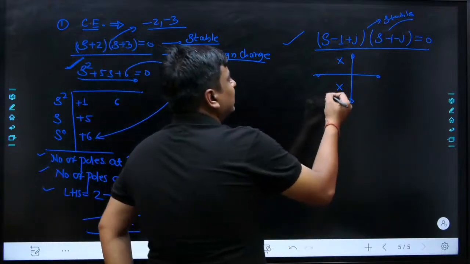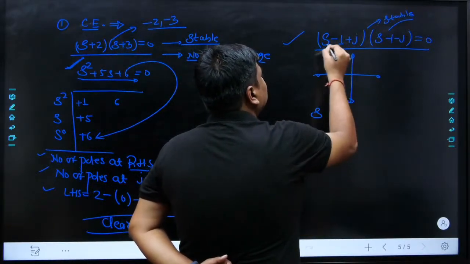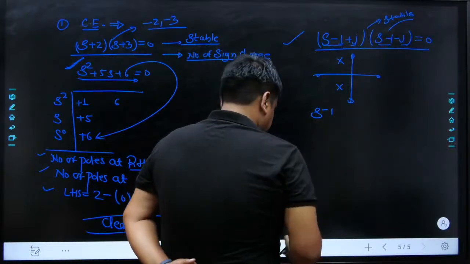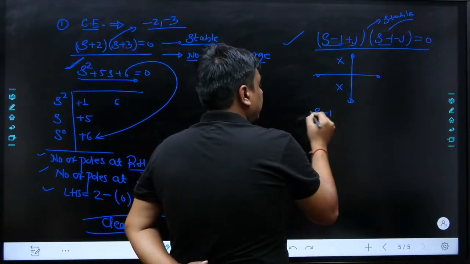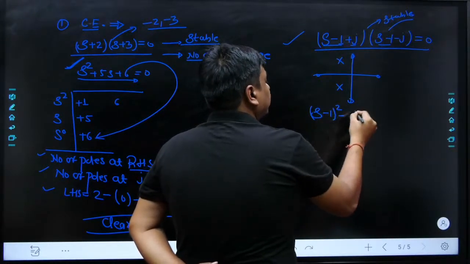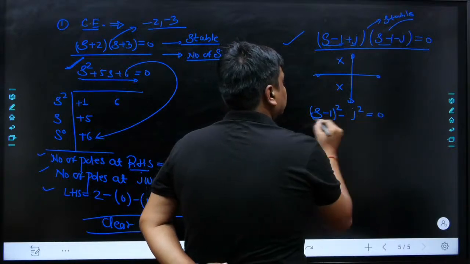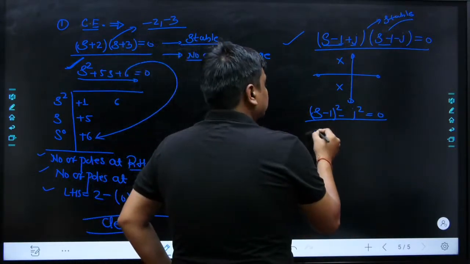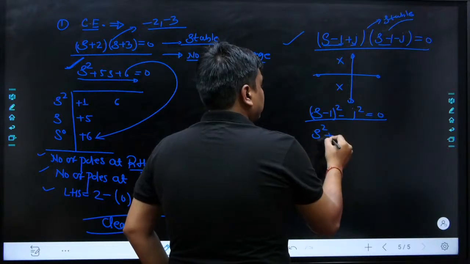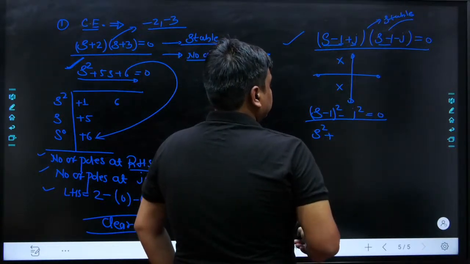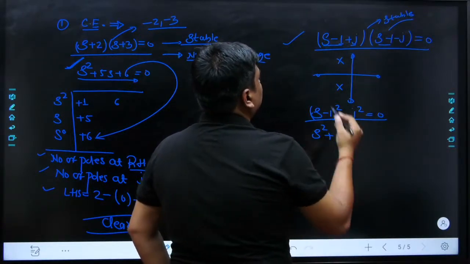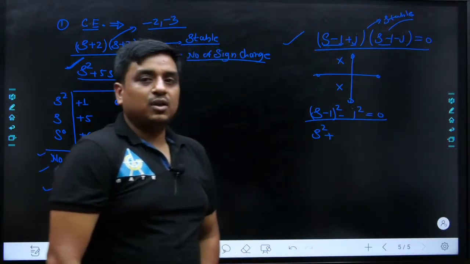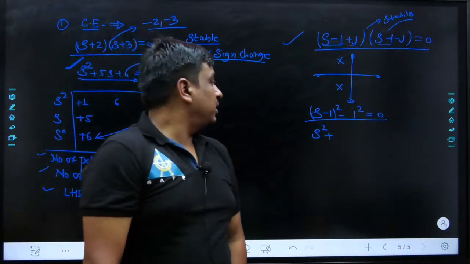So once we multiply them together, here it's a case of (a plus b)(a minus b), which gives a square minus b square, and here goes 0. Yes, let me expand it. Here it becomes s square, and s minus 1. Tell me, what's going to be the worth over here?